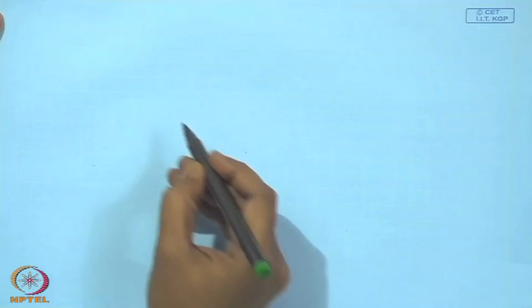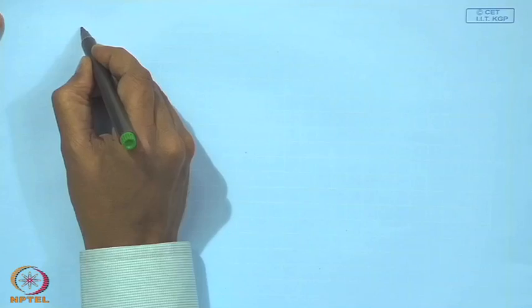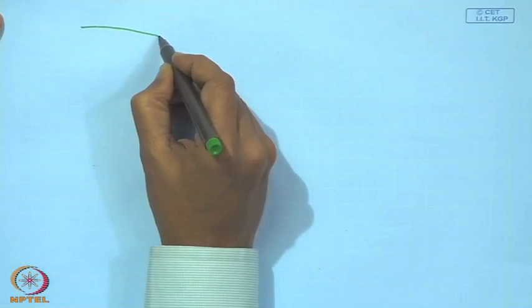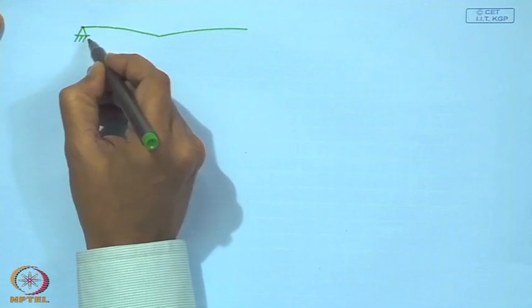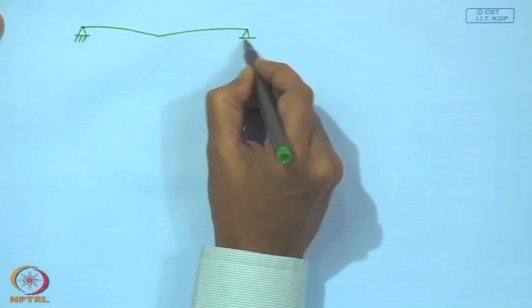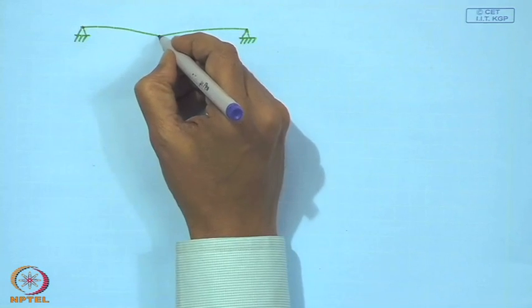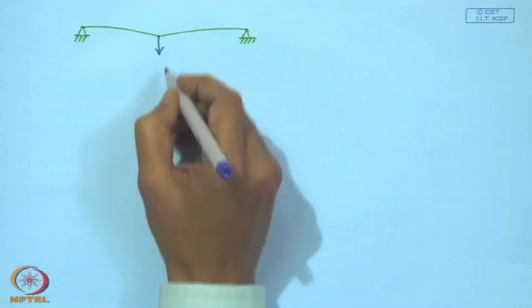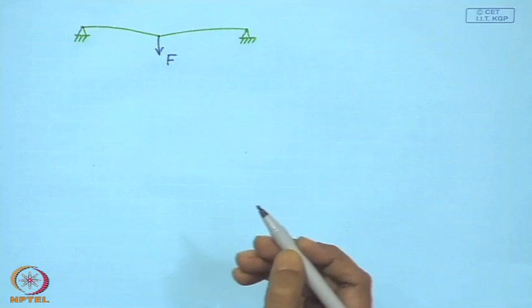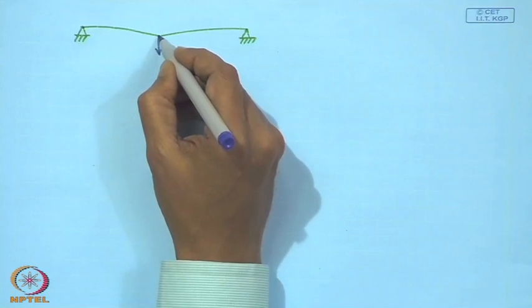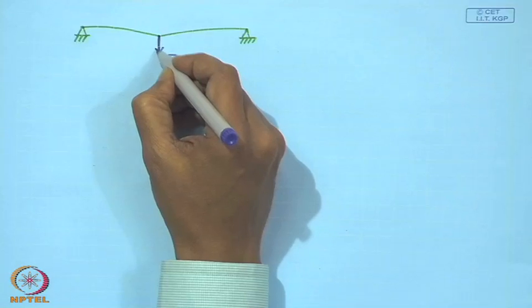Now, let us look at the cable car problem. So, in the cable car problem, in the first approximation, you may consider this to be a constant force. This is an approximation.